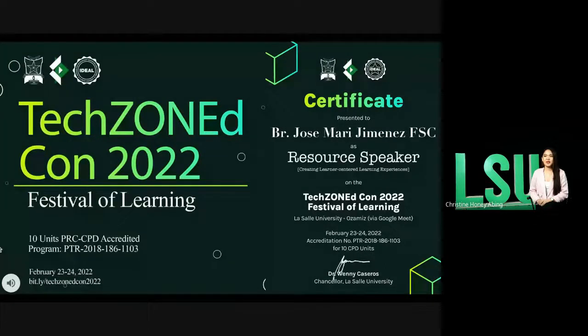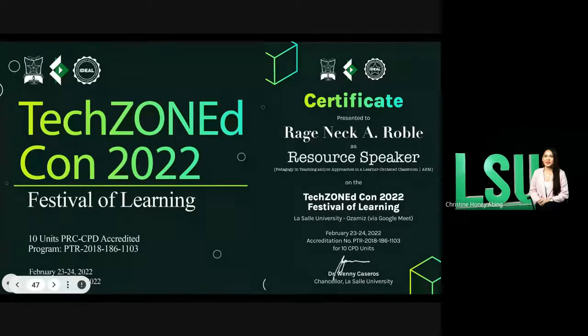We would also like to award this certificate to Brother Jose Marie Jimenez FSC as a resource speaker for the talk on creating learner-centered learning experiences. The certificate is also awarded to Ms. Rajnek Roble for discussing pedagogy and teaching and/or approaches in a learner-centered classroom for ABM.